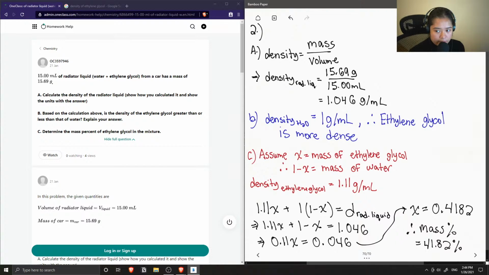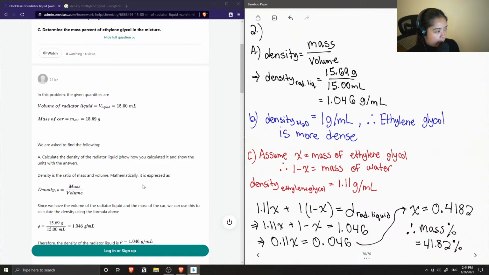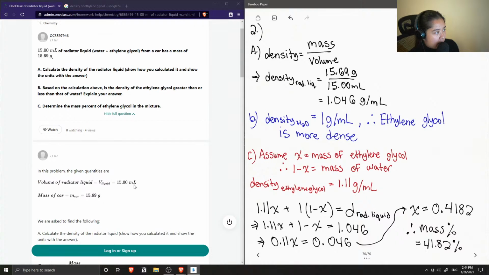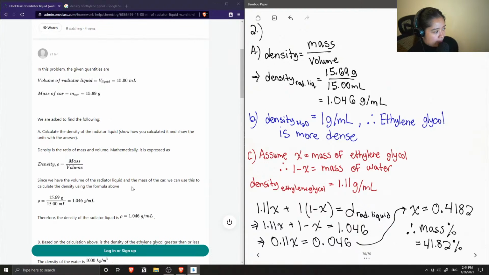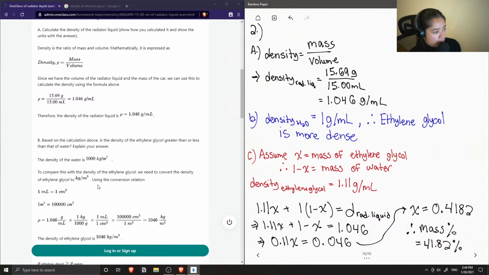So now let's see what the junior tutor said. In this problem, the given quantities are the volume of radiator liquid, which is 15 mL, and the mass of the radiator liquid is 15.69. So when finding density, it's just mass divided by volume, and they also got 1.046 grams per milliliter.